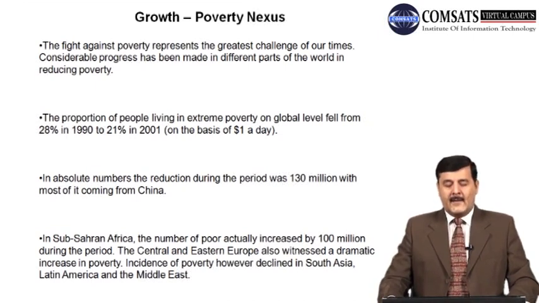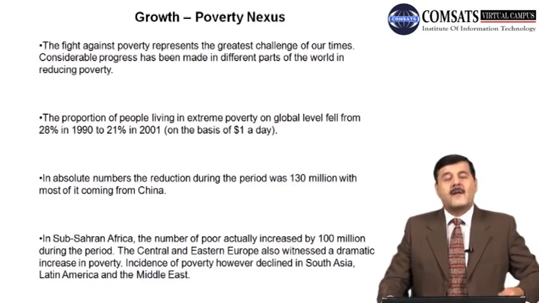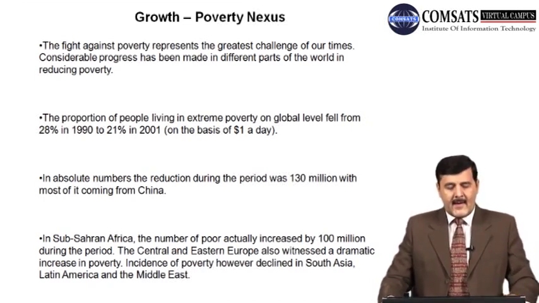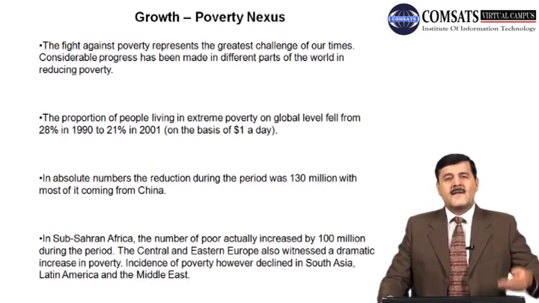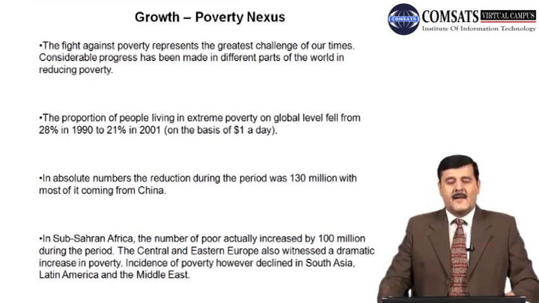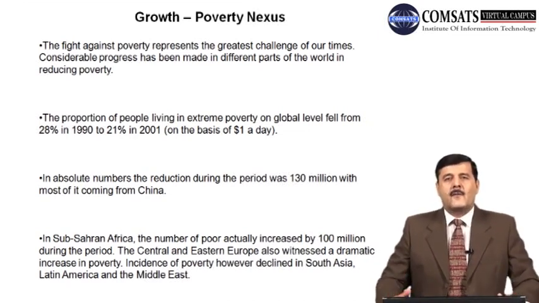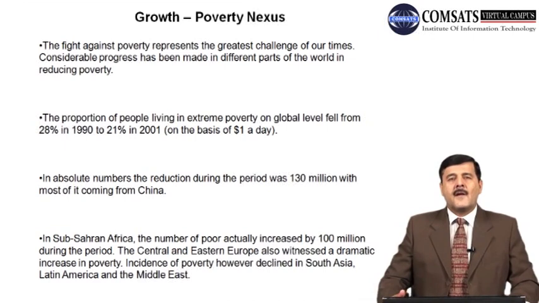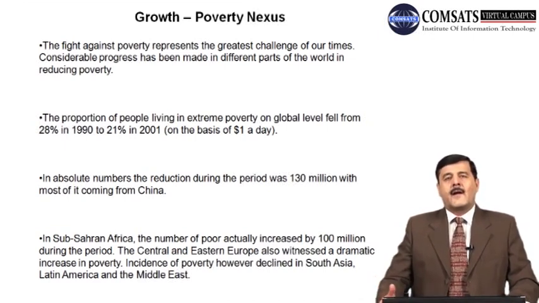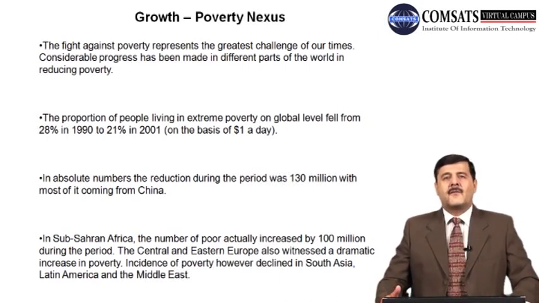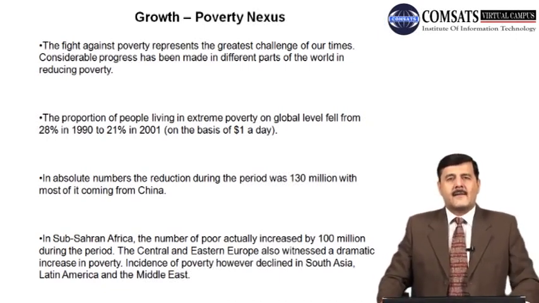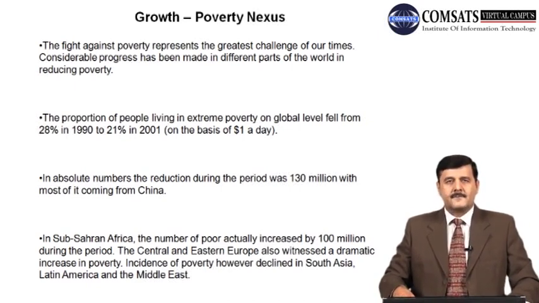Incidence of poverty, however, declined in South Asia, Latin America and the Middle East. So in different parts of the world, in some places poverty fell during these 10 years, and in others it increased. This is all because each government is fighting against poverty and trying to introduce different policies which can reduce poverty in their economies.